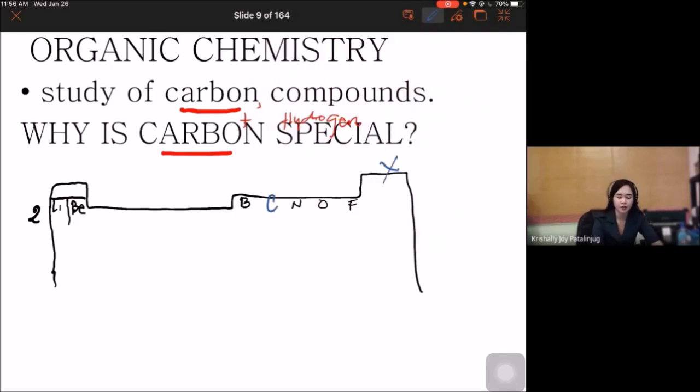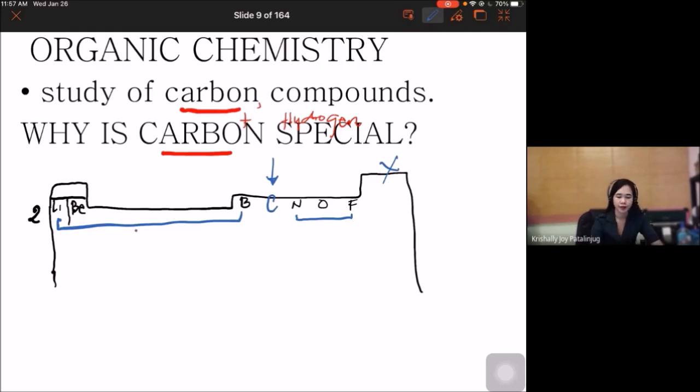Never mind group 8, the noble gases, because they are already stable. So it is just lithium until fluorine. Carbon is in the very middle, among the non-metals nitrogen, oxygen, fluorine, and the metals lithium, beryllium, and boron.